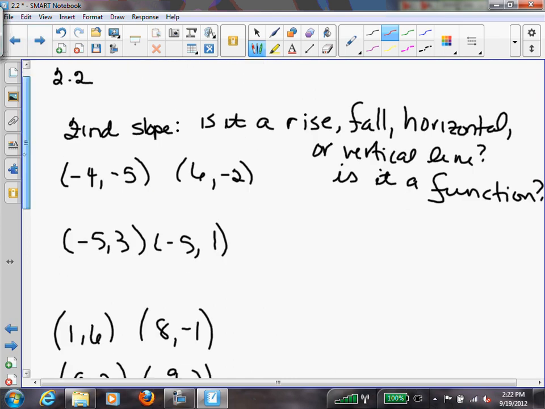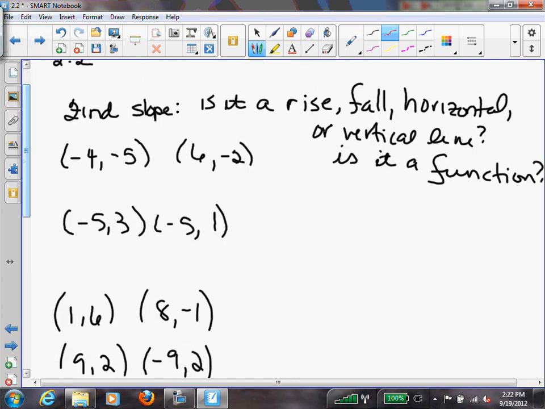Okay, so here we go. Find the slope. Is it a rise, a fall, a horizontal, or vertical, and is it a function? All right, so we know that m is equal to -2 minus -5 over 6 minus -4. What is my big mistake that I'm going to do on this problem? If I make a mistake in this problem, what is my mistake going to be?